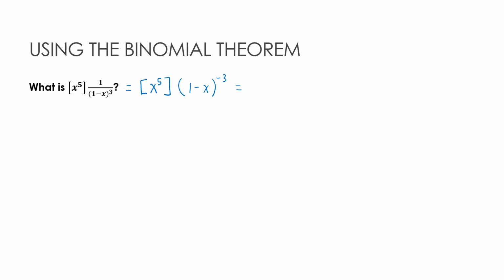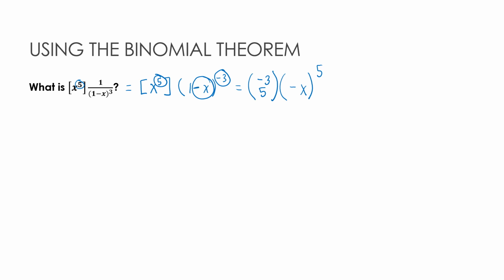Now, what I just learned about dealing with negatives tells me that this is going to be negative 3 choose 5, and then I'm going to have negative x to the fifth, because again, I've got my fifth power here.